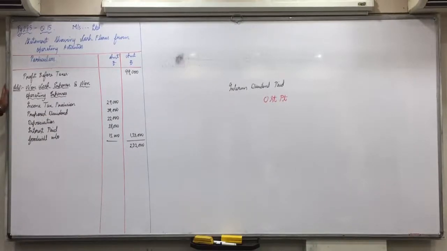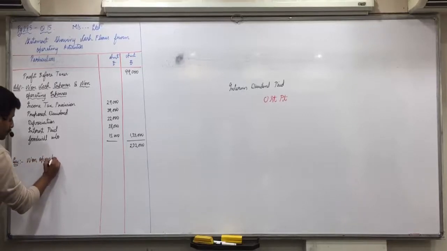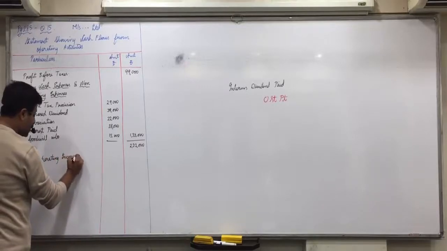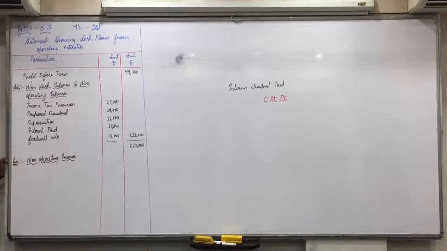Raise your hand who is writing up till here. Completed. Anyone else still writing up till here? Now we have to minus non-operating incomes. All the items marked as O minus.